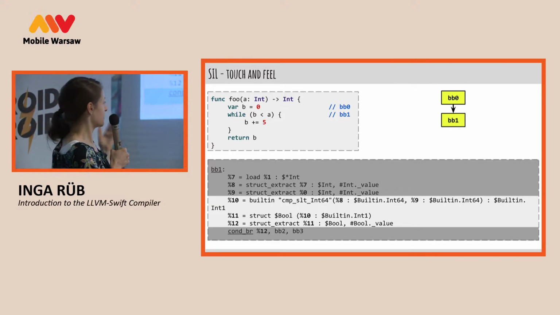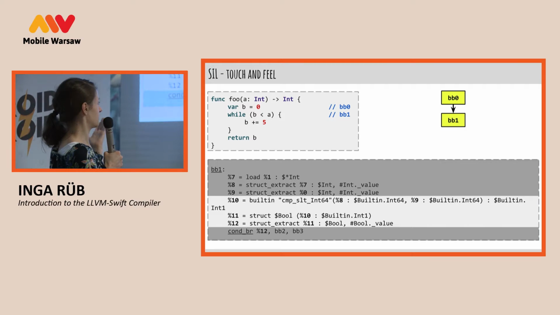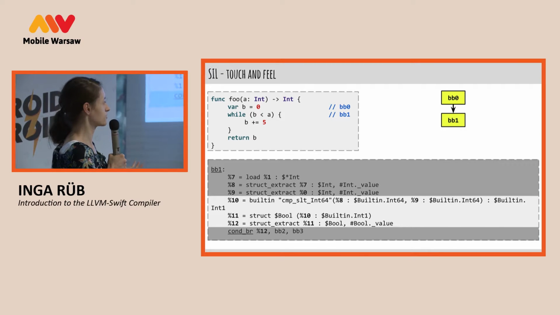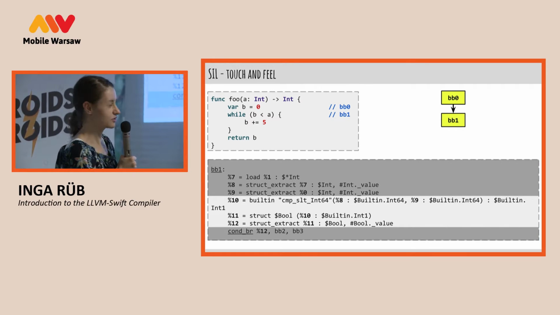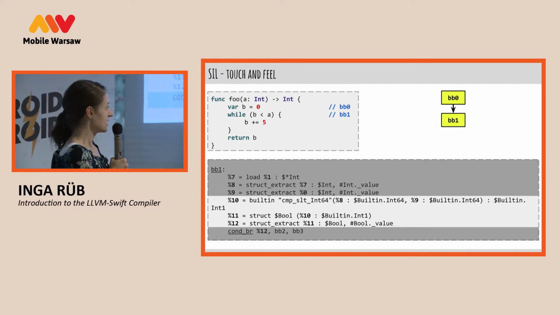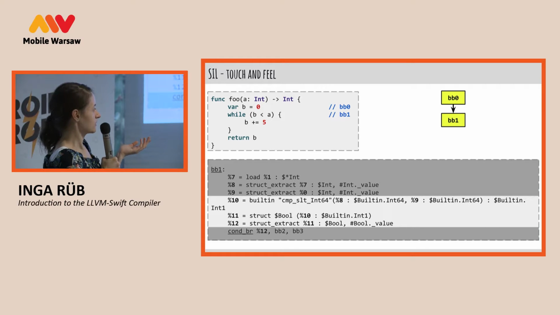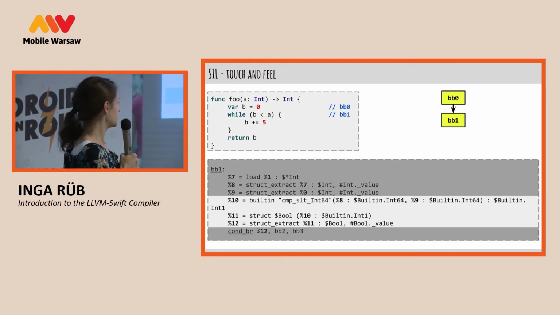Okay, the next line contains an instruction which compares two values. As you can see, its name is CMP CLT int 64. So it compares values which are 64-bit integers. It takes these two values that we have already retrieved as parameters, and it returns the type that is built-in int 1.